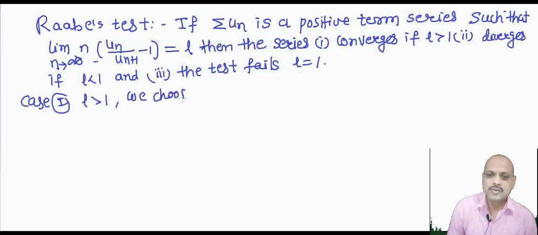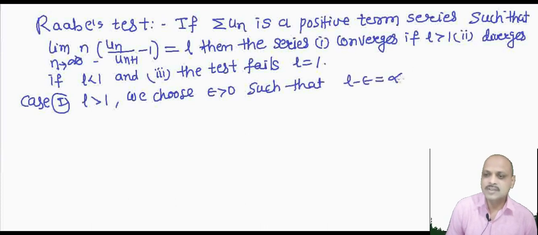We choose epsilon greater than 0 such that L minus epsilon, let us call it alpha, is greater than 1.